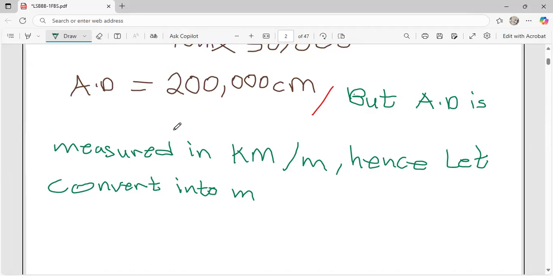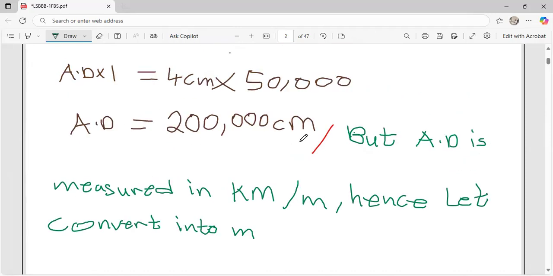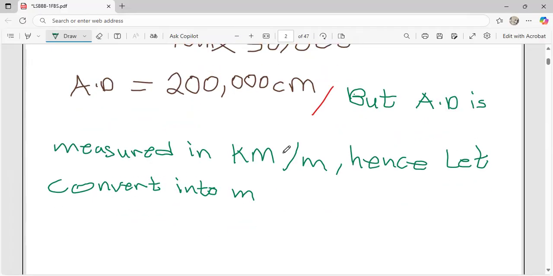But before then, we have to find out how many centimeters make 1 meter. Okay, and the answer is 100 centimeters.